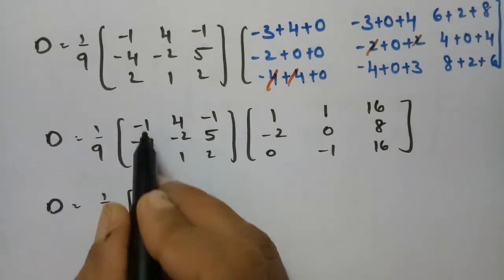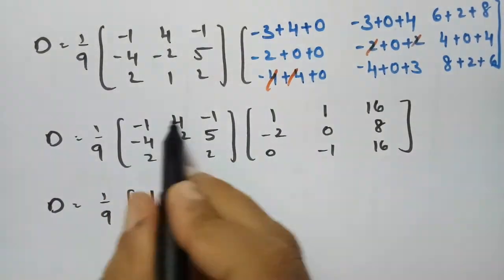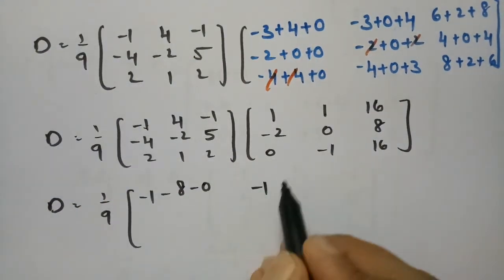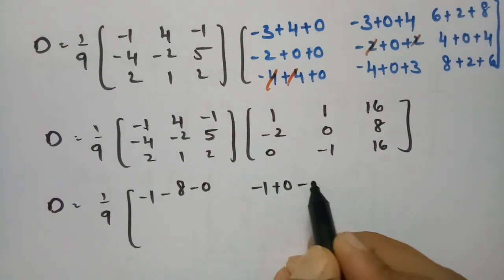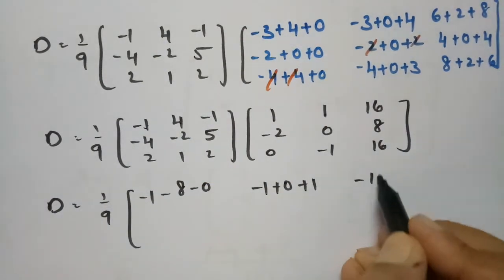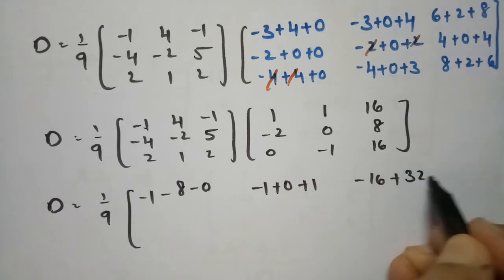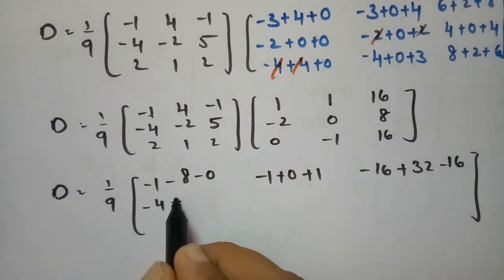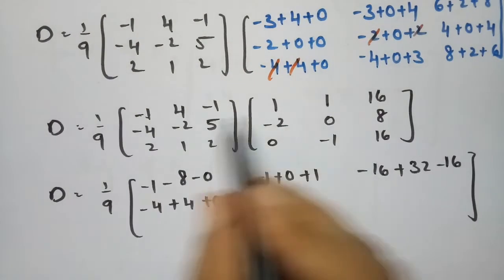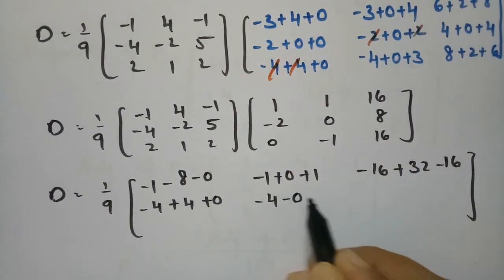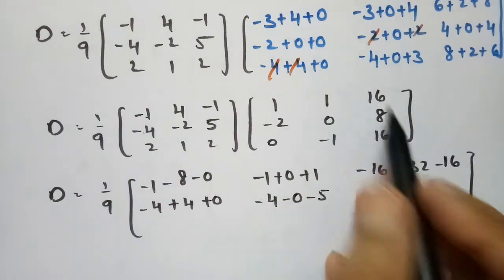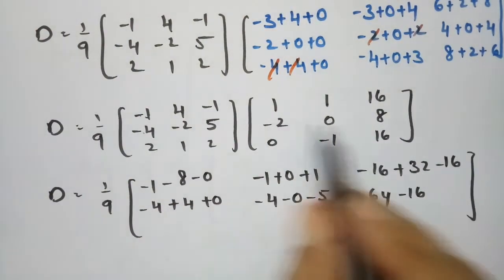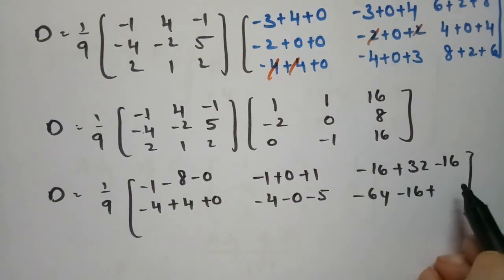1 by 9 times of, if I multiply, this is -1 - 8 - 0, and this is -1 + 0 + 1. This is -6 + 32 - 16, and this is -4 + 4 + 0, and this is -4. Then -0 - 5 - 64, then -16, and this is 80.